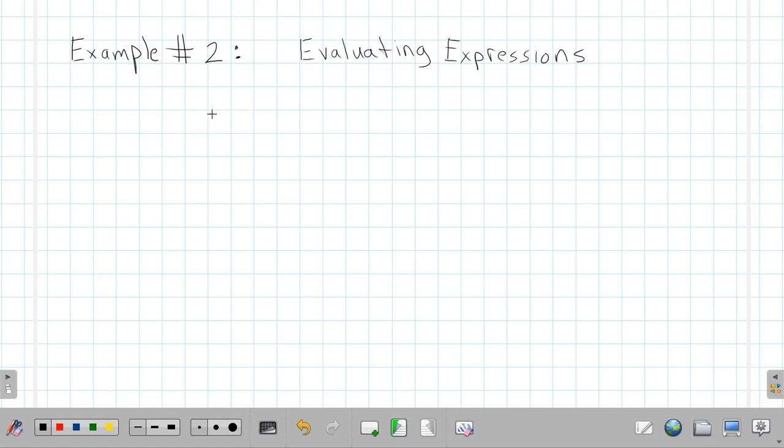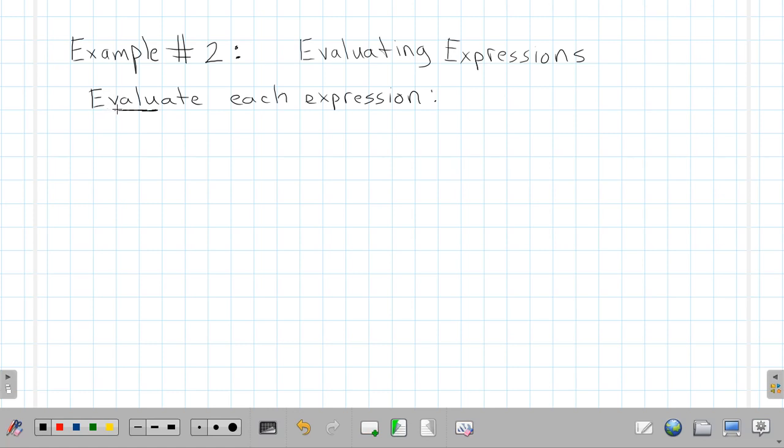Okay. And the instruction is pretty straightforward here. Evaluate each expression. Now, one thing I do want to point out here, when you see this word evaluate, this is a compound word, and if you look right in the middle of that word, you see the letters V-A-L-U.